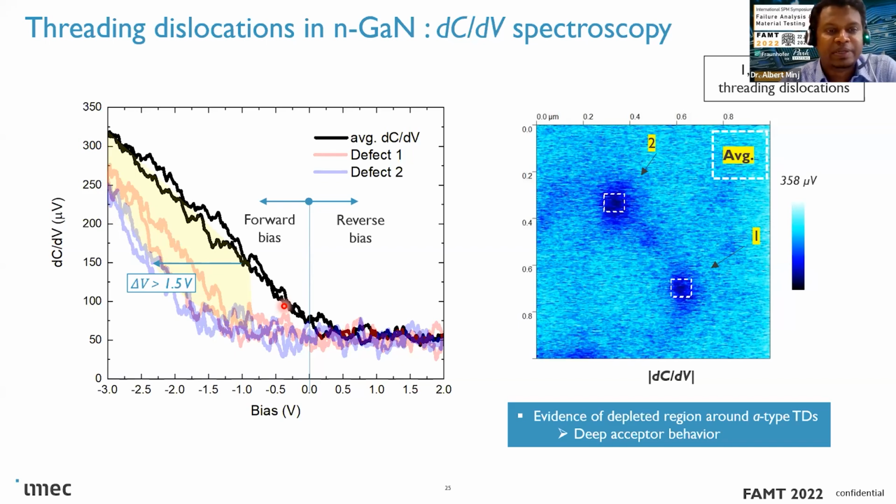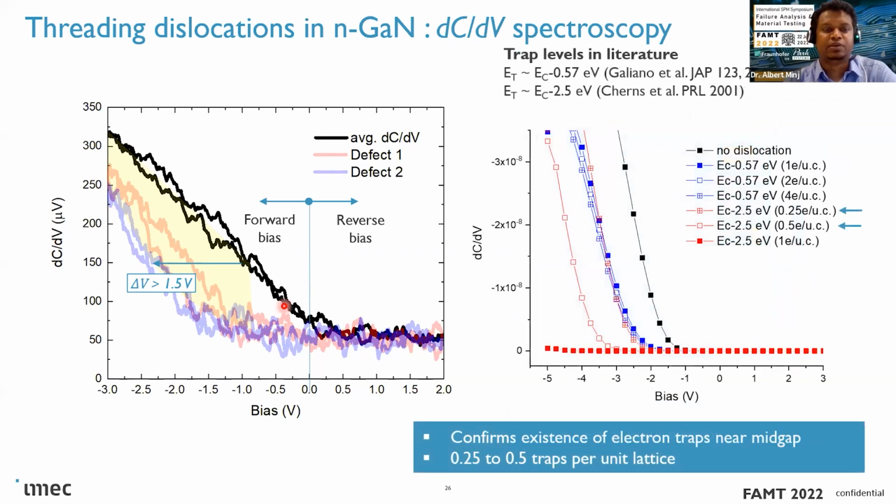But of course, we want to be a bit more quantitative, so we went to TCAD simulation. In the literature, we found there are 2 possible values for threading dislocations. They may also coexist. One was a shallow trap around 0.6 electron volt from the conduction band, and the other was a deep level around 2.5 electron volt from the conduction band. We only varied the trap density in the dislocation core.